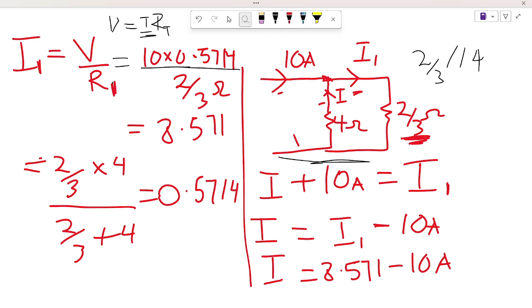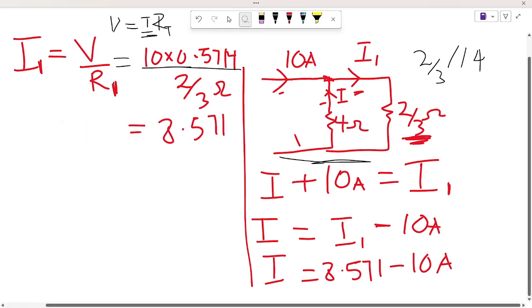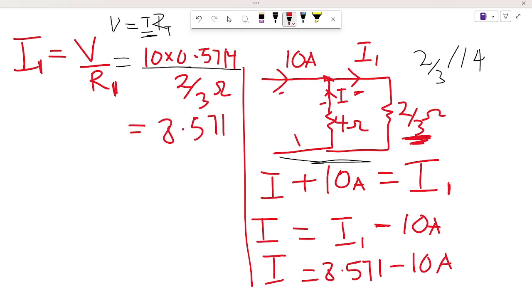Okay, so we have to clear this part. So our I should be giving us about minus 1.429. Okay, so we are going to go through another method of arriving at our answer.